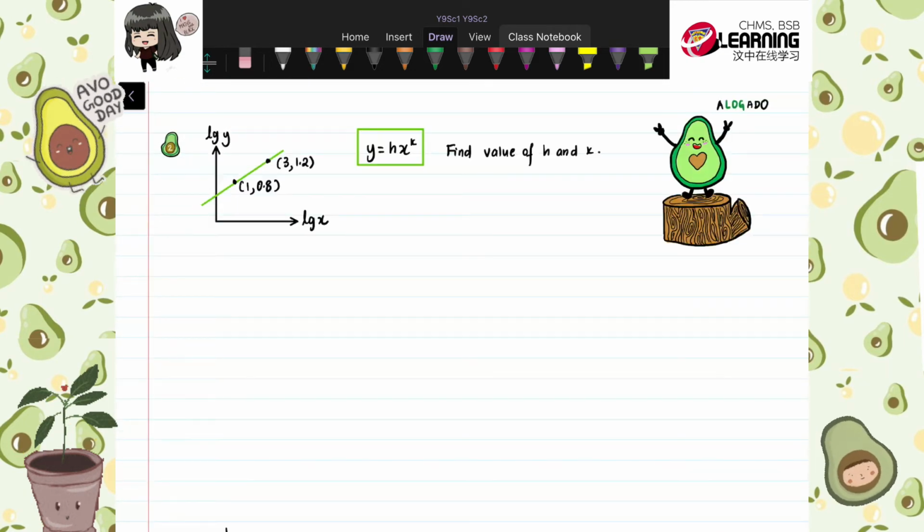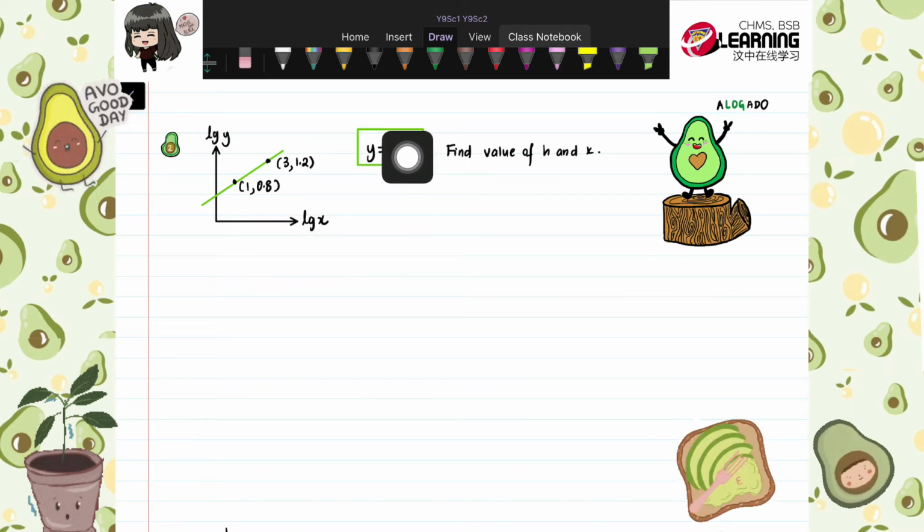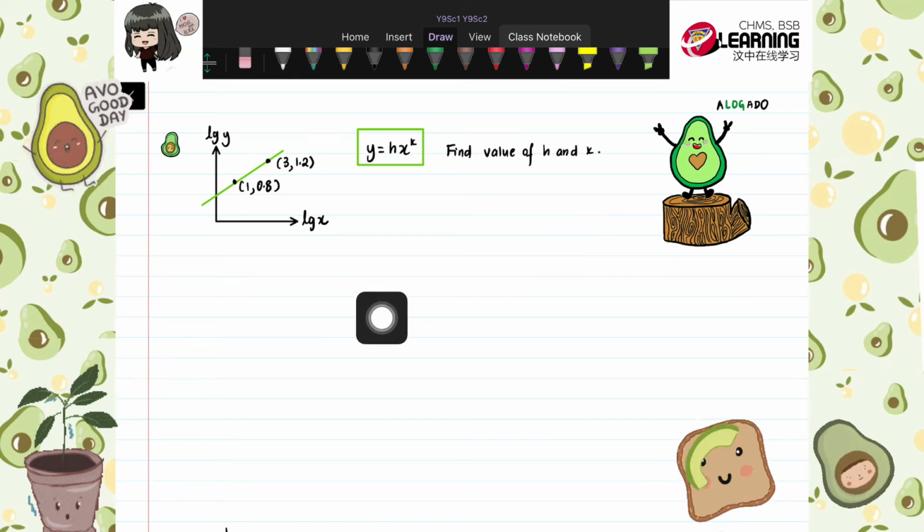Now let's look at question number 2. Same thing, we are finding h and k, the unknowns h and k. So step 1 to 3, we find m, we find c, and then we form a non-linear equation over here. After that we reduce this one to big y equals m big x plus c, and then we compare.